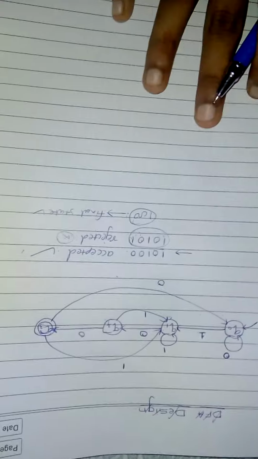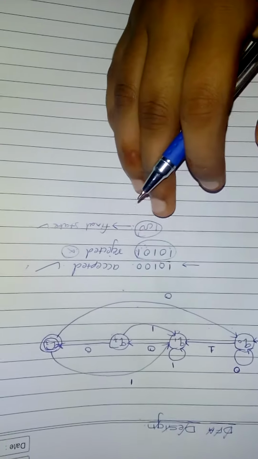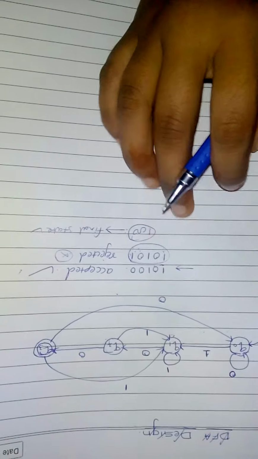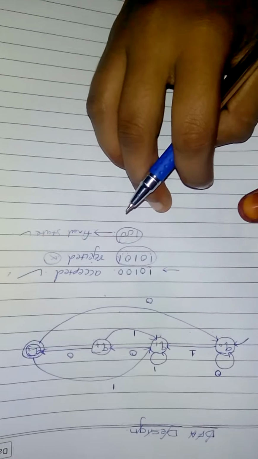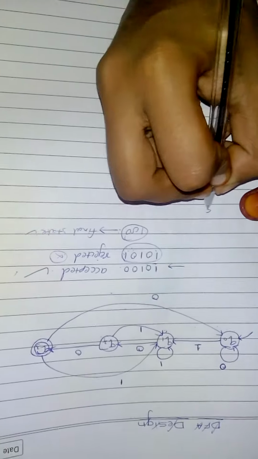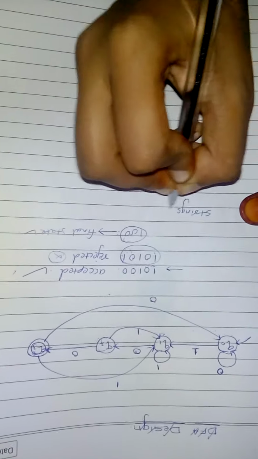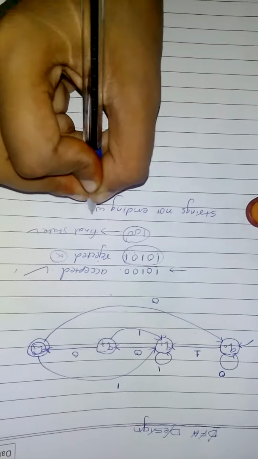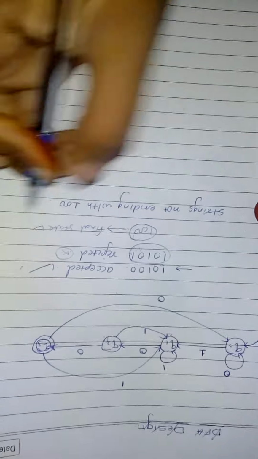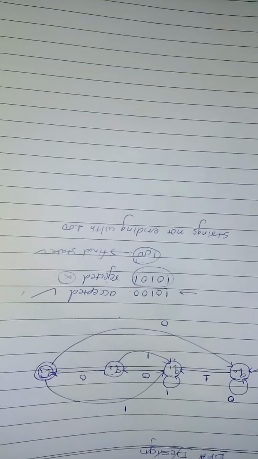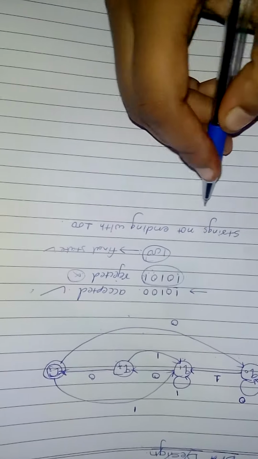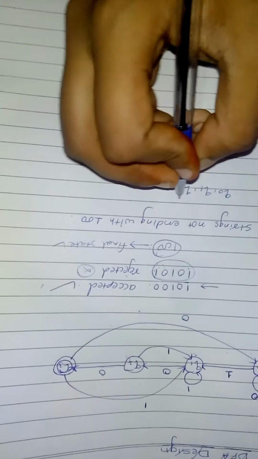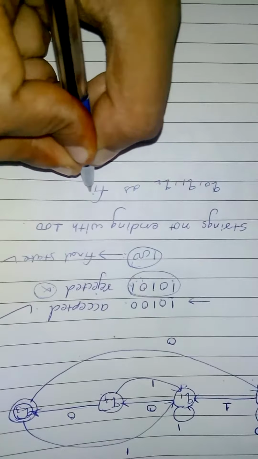One thing I want to tell you: it's the opposite of this. If you want to do strings not ending with 100, everything remains the same except you make q0, q1 and q2 final states.